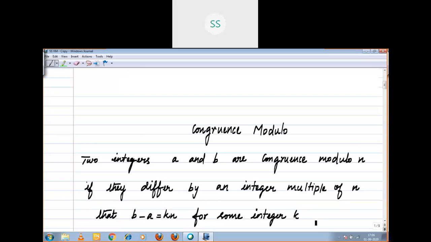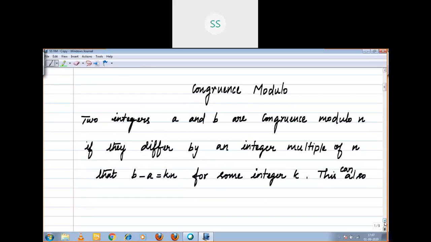This can also be written as a congruent to b (mod n). Got it?